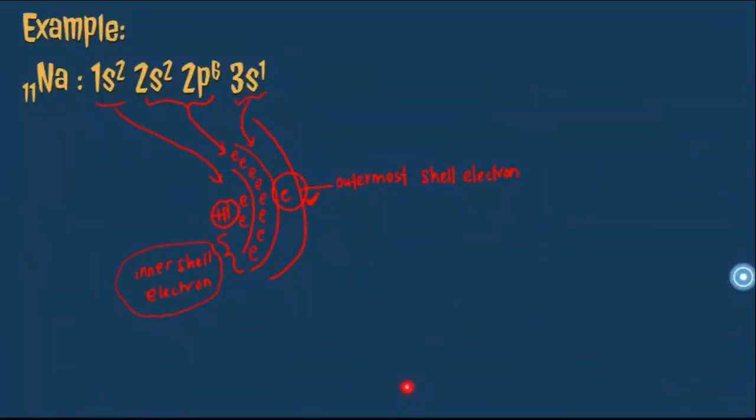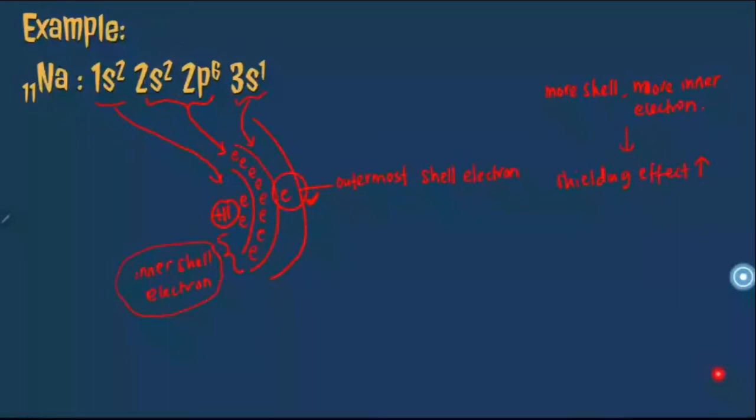So when you have more shells, it means that you will have more inner electrons, so your shielding effect will increase.